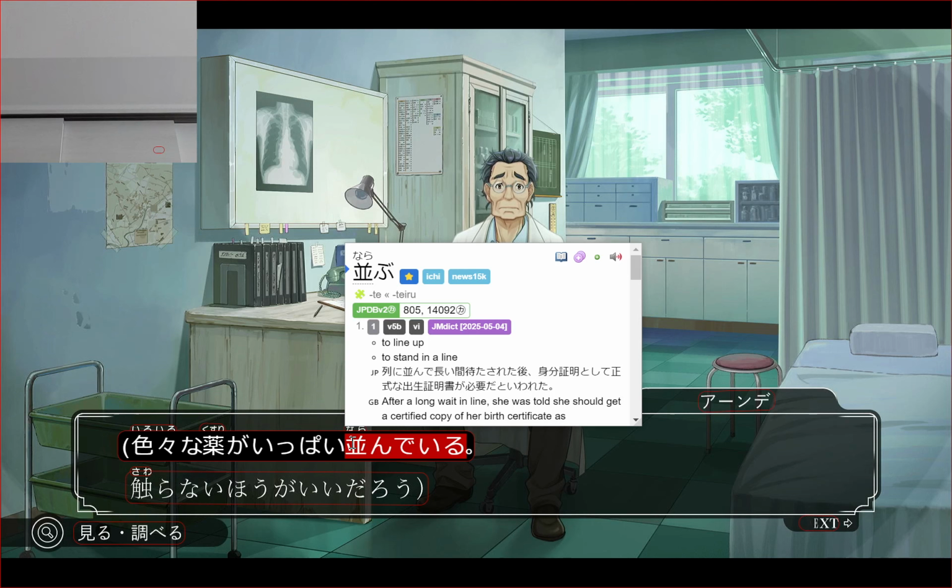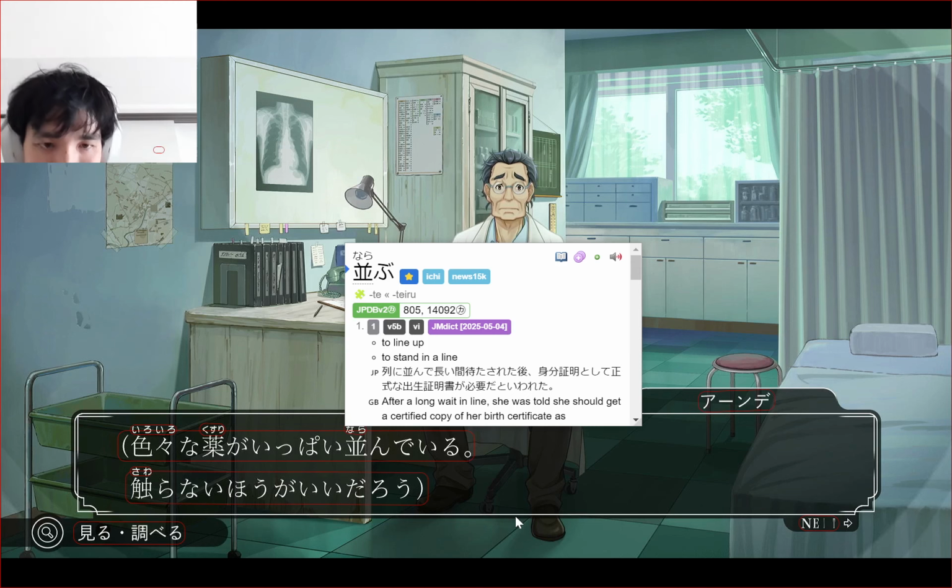They're standing. いっぱい並んでいる。触らない, don't touch. 触らない方がいい. 方がいい is like a standard form, this way would be good.